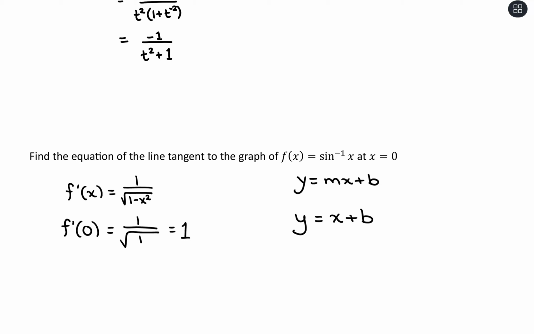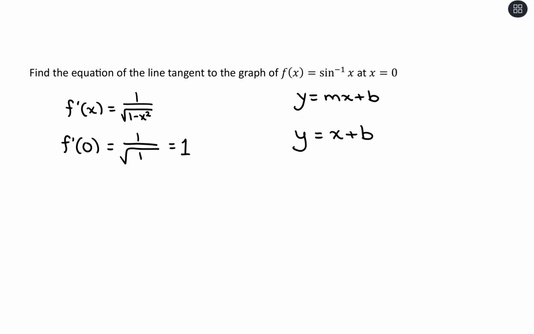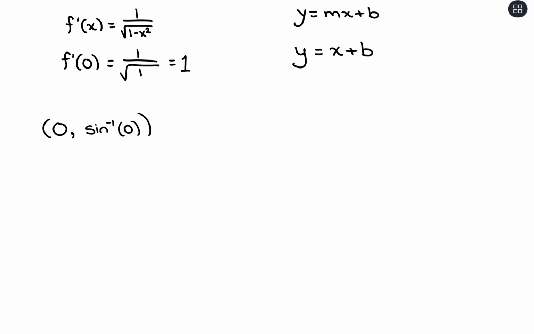Then from there we need to plug a coordinate in. So our function is inverse sine of x, and we're plugging in x equals 0, which means our y coordinate is inverse sine of 0. And let's take that to the unit circle to see what's going on.